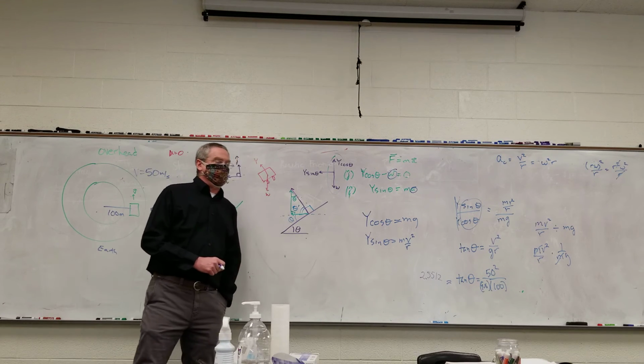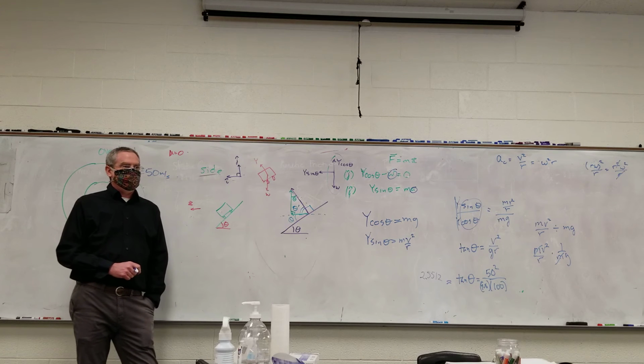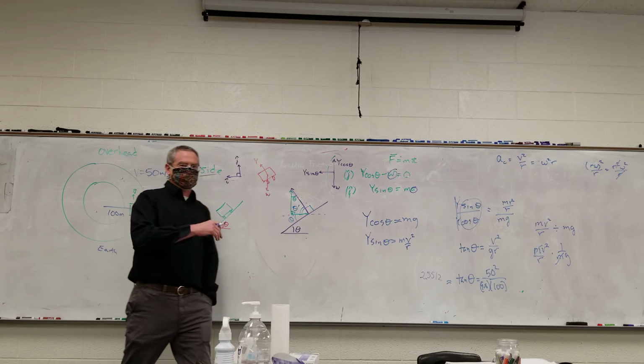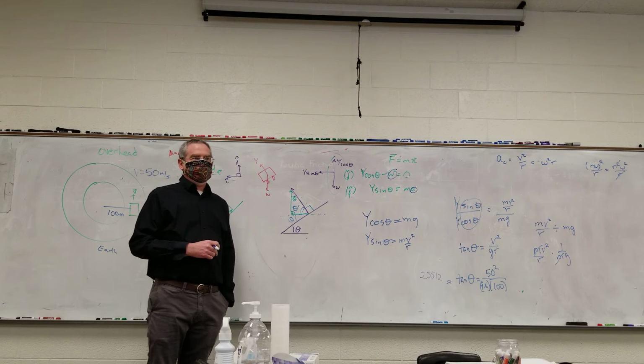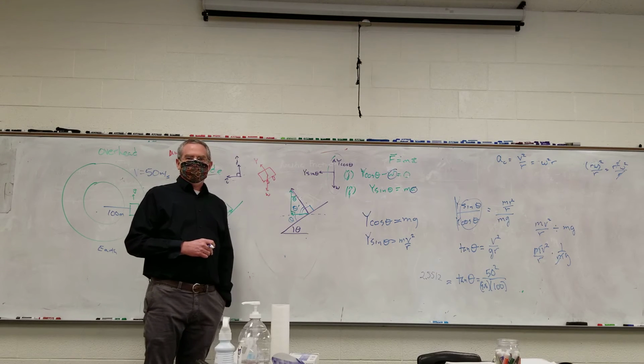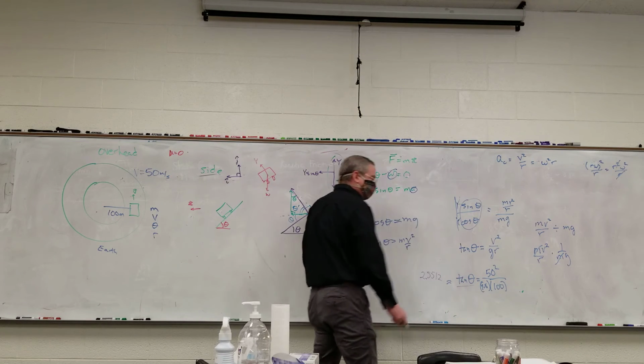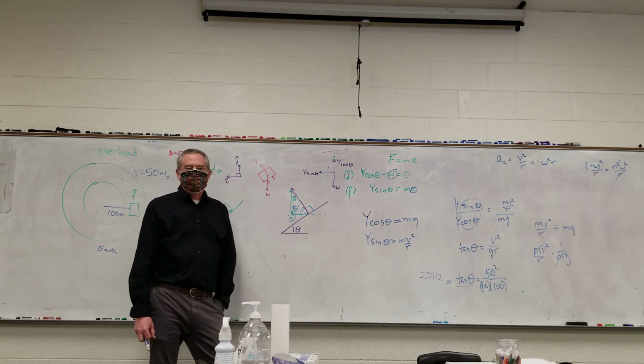Nope, not that complicated. Because it's not officially a speed, it's a ratio of a bunch of stuff. Think about what we found. We found tangent of theta. What are typically the units of the trig functions?